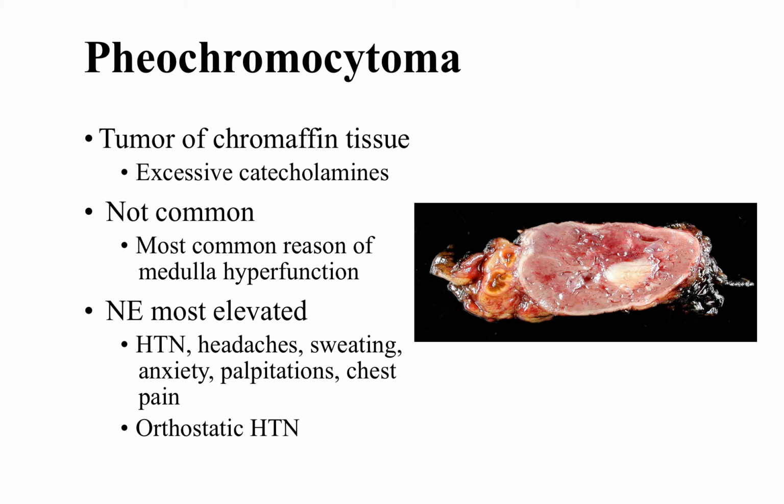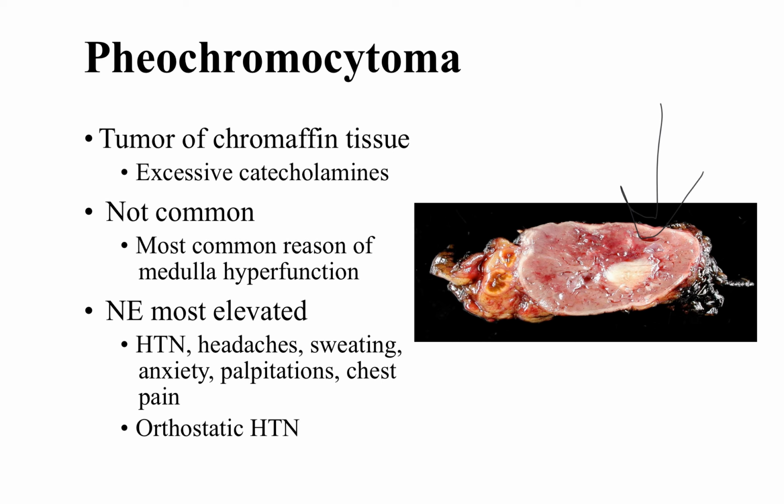So this is a benign growth of chromaffin cells. Chromaffin cells exist within the adrenal medulla, so that's where you'll find these. And remember, chromaffin cells make epinephrine and norepinephrine. So here in this picture, we see a benign growth of chromaffin cells. So those cells are going to be making tons and tons of catecholamines.